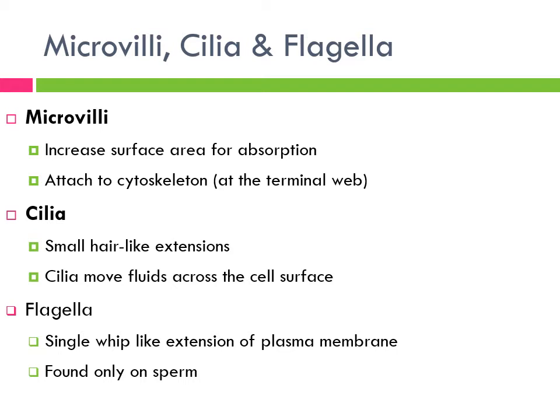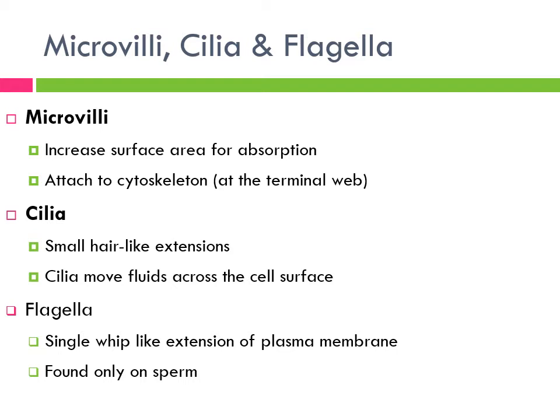Cilia are often confused with microvilli. Cilia are small hair-like extensions off of the surface of a cell, and they beat to actually move fluid across the surface of the cell. So we find cilia within the respiratory tract that tries to beat mucus up out of the lungs.